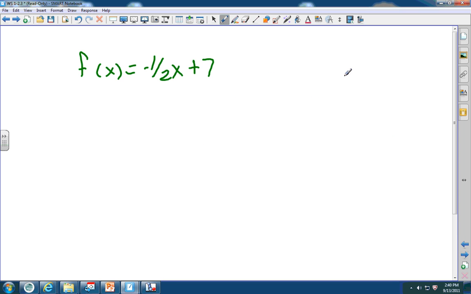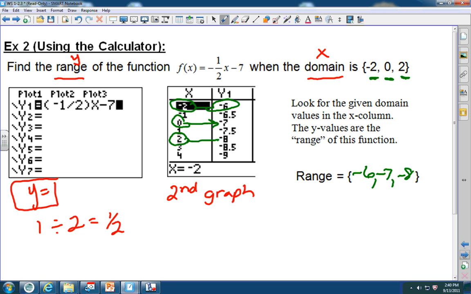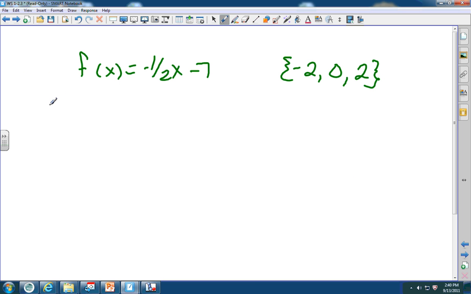Okay. So let's go here. I have -7. And then, what were my numbers here? They were -2, 0, and 2. And it wanted to know the range. So it wants to know the range when the domain are these numbers here.